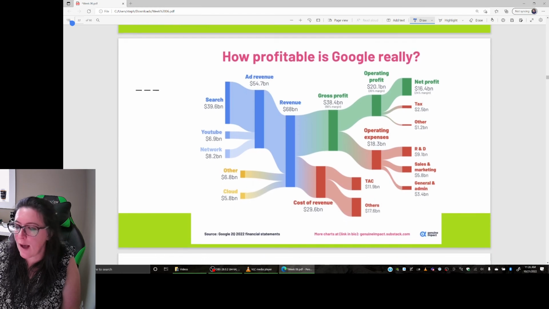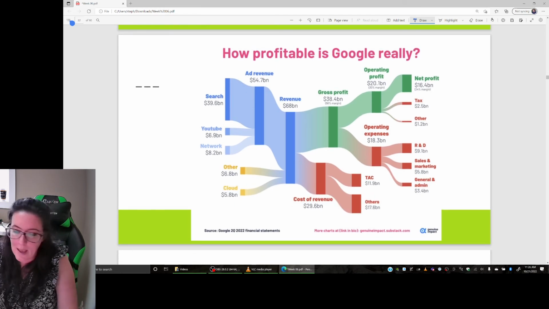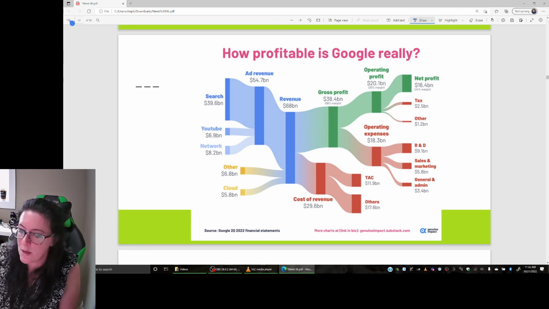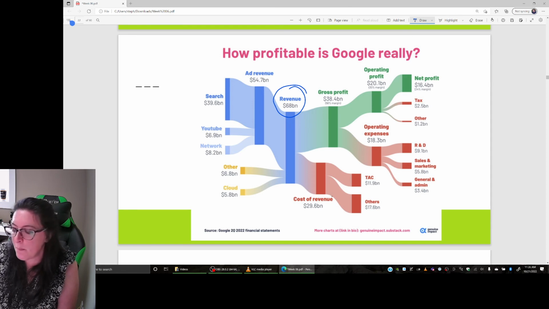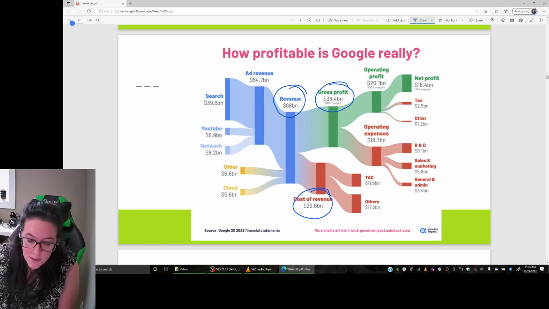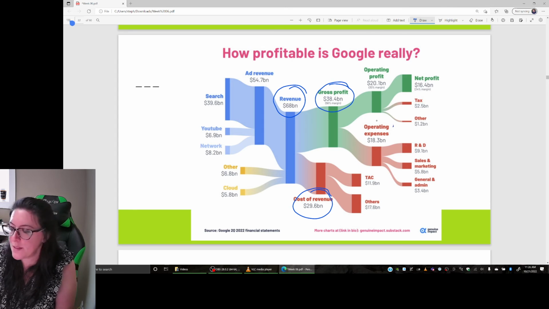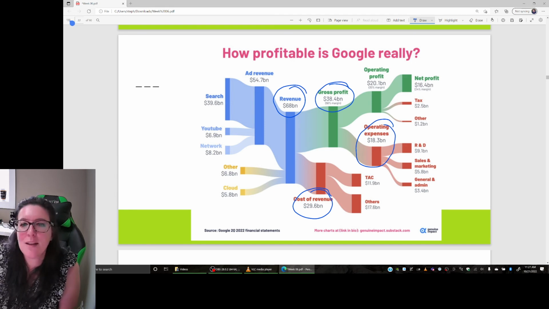If we look at this Google example, we can, for example, see the parts of our income statement. So here we have our sales revenue minus the cost of revenue. So that's going to give us our gross profit. Once we have our gross profit, we subtract any operating expenses. That's our overhead. And so for Google, that's divided up into research and development, sales and marketing, and then more general management.